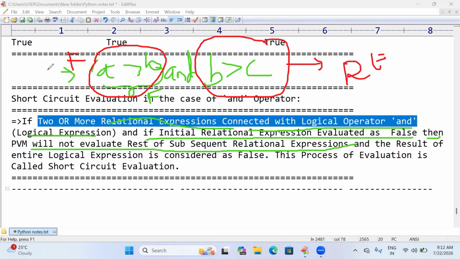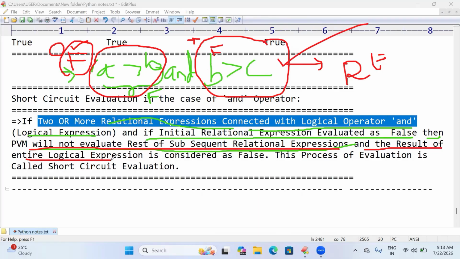Why? Because if the first relational expression is false, PVM internally treats it as 0, right? 0 multiplied with true or 0 multiplied with false, the final answer is 0. That is the reason it does not evaluate the subsequent relational expressions. The result of the entire logical expression is considered false. This process of evaluation is known as short circuit evaluation.